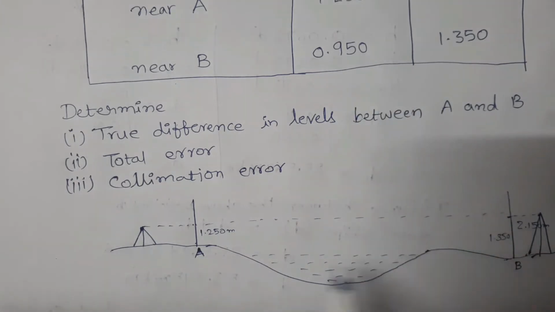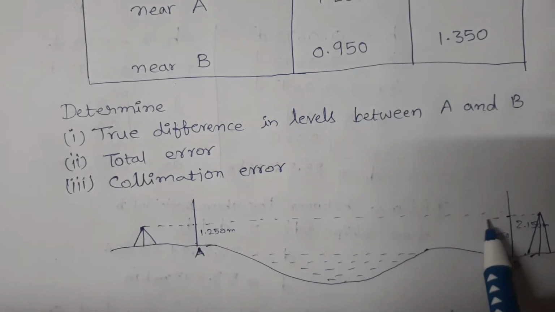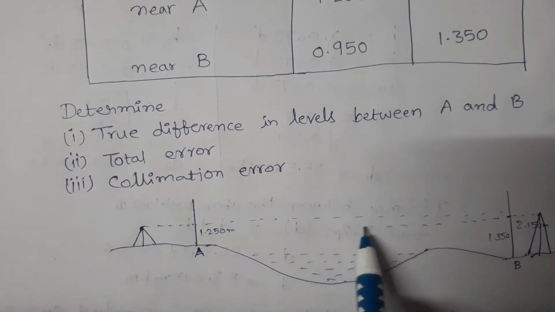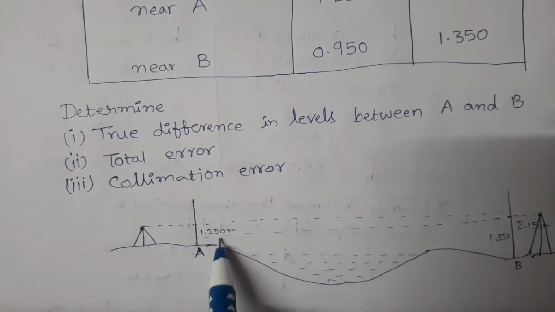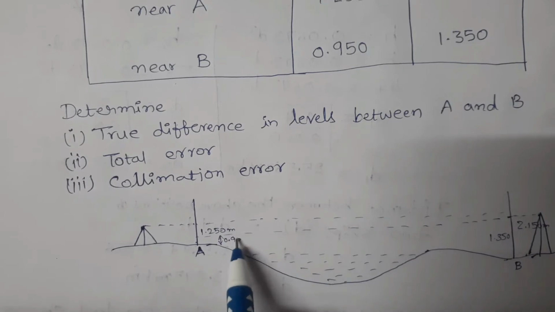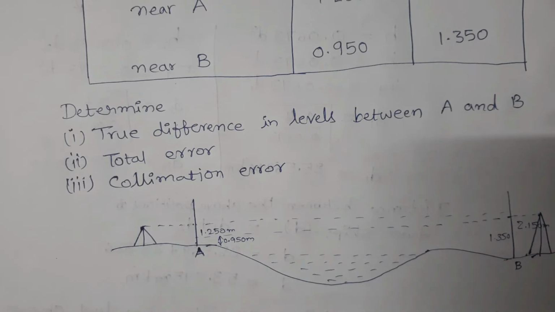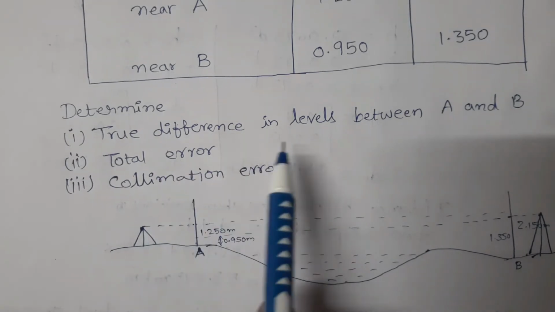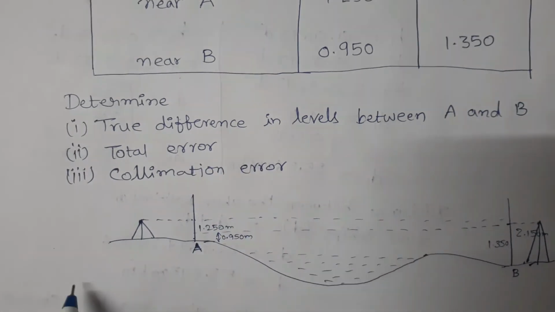On A it is 0.950 meters. From this data, we can determine the true difference in levels between A and B.